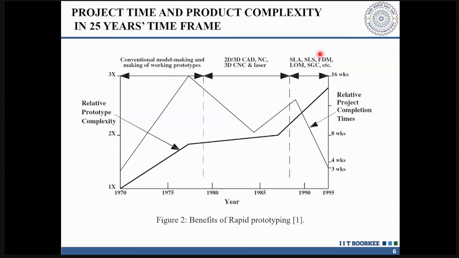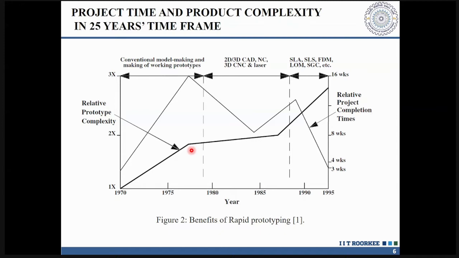Now, as the complexity increased, the project completion time had to be taken into consideration, because if two companies are fighting for a product in the market, only the company that is able to bring its product to market at a faster pace will win. So prototype manufacturing and prototype testing have to be done in a very concurrent manner.